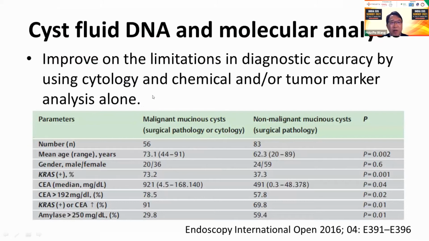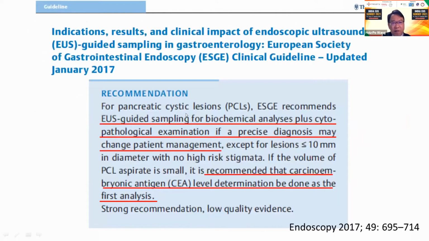As you know, now cyst fluid DNA molecular analysis is very popular and can overcome the limitation of diagnostic accuracy of cytology, chemical and tumor marker analysis alone. However, not every institute has this test available, and the cost is high, but it's very promising in the near future.